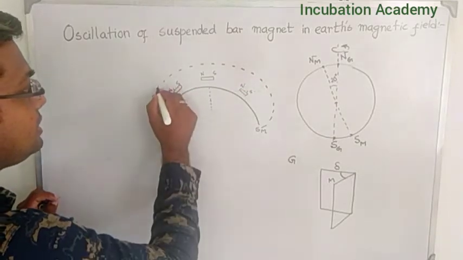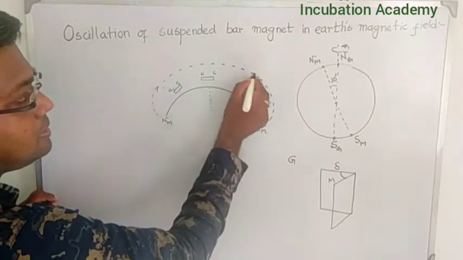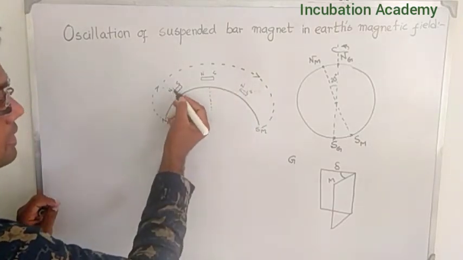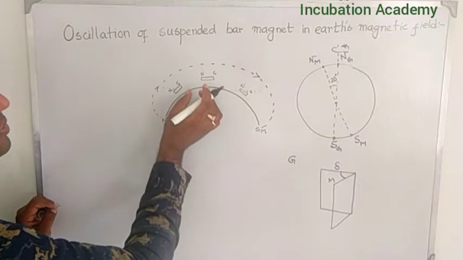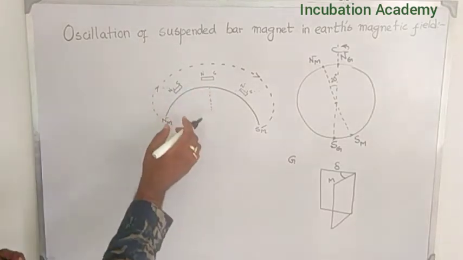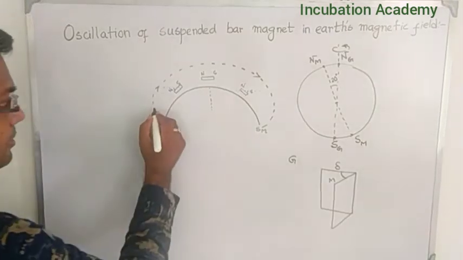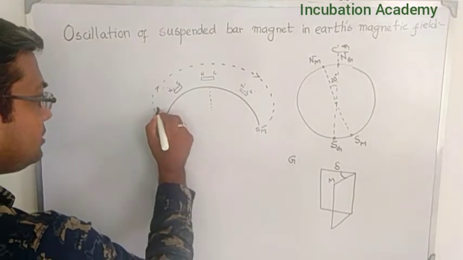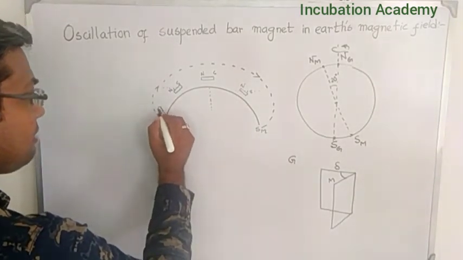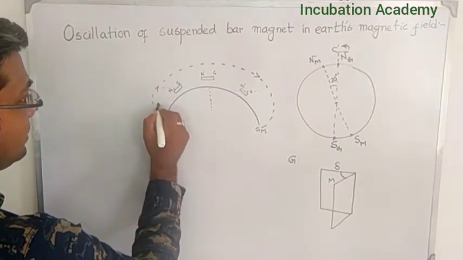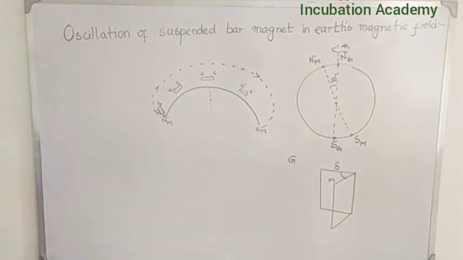It is something like this. So the bar magnet cannot be horizontal except at the equator. And if I go close to the magnetic north, the angle with the horizontal increases.